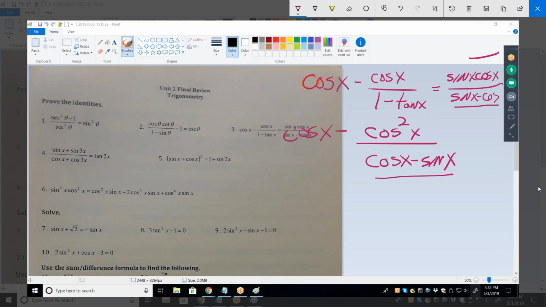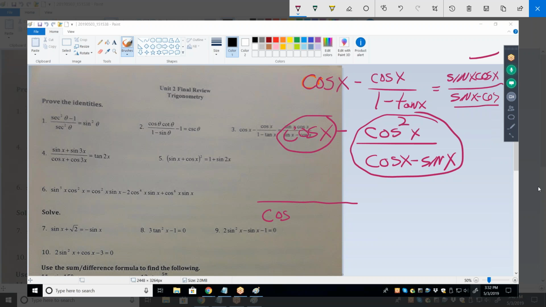If I want to switch it around and make it sine x minus cosine x, I just have to multiply everything by minus 1. But I still have another algebraic process that I can do. In other words, I have to take that and subtract that fraction. What do I have to do when you're subtracting fractions? Have the common denominator. I'm doing this the long way.